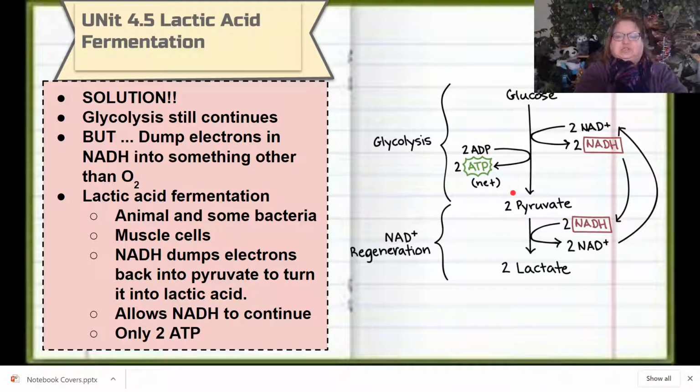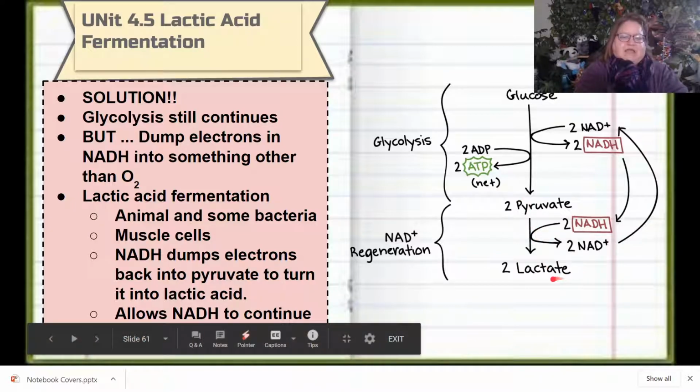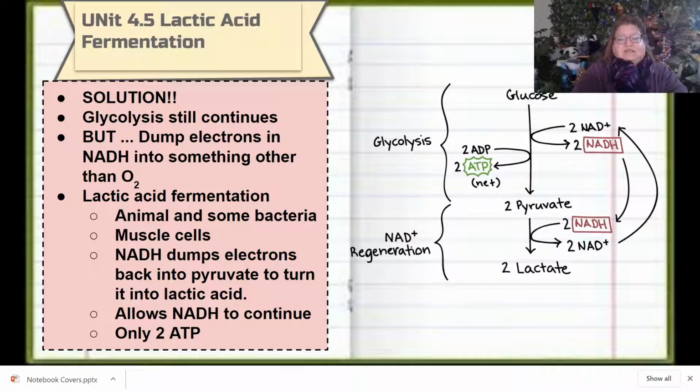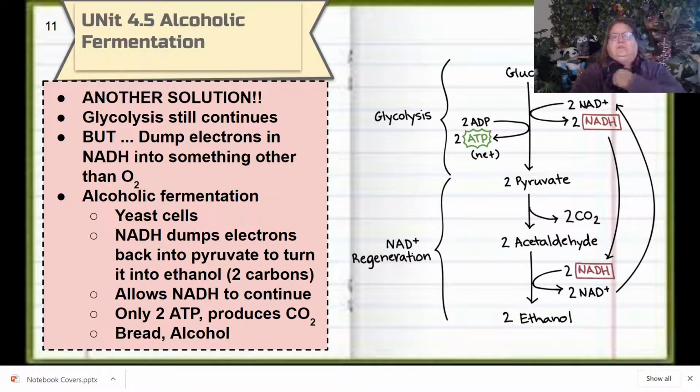You're going to produce lactic acid that happens in our muscle cells. We only get 2 ATP, but at the very least, we can still go without oxygen. So that's lactic acid fermentation. We're producing lactic acid. Now, there's another fermentation process made by yeast cells. Yeast cells are going to undergo a similar situation.